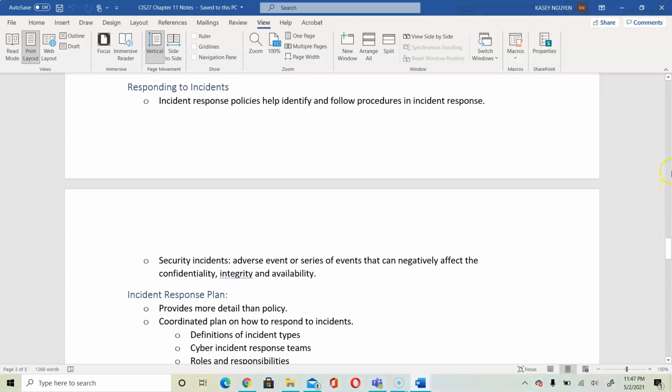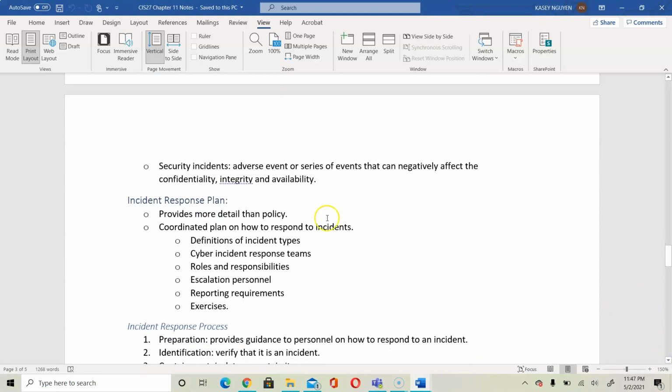The IRP, or Incident Response Plan, provides more detail than the policy. It is an overall plan that would include policy, procedures, and the details on how to respond to incidents. The coordinated plan on how to respond would include the definitions of different types of incidents, such as cyber incidents, internal incidents, and natural disaster incidents.